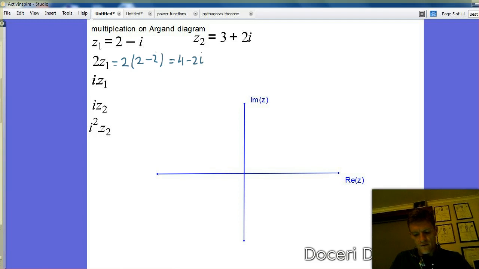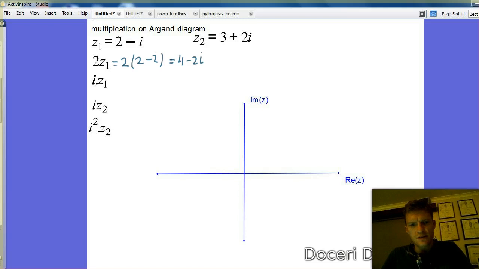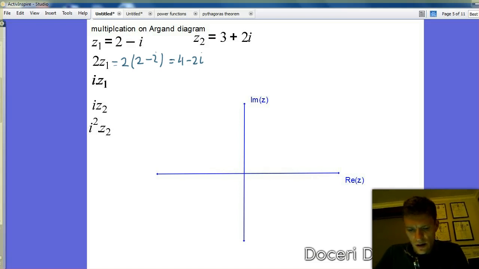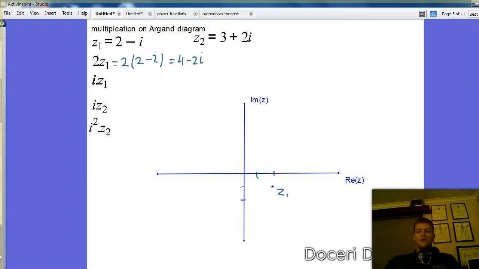So let's plot both what we have there. We'll plot z1 and then we'll plot 2z1 and compare the difference. So z1, which is 2 minus i, might be about there. Then 2z1 is another number that's down here.